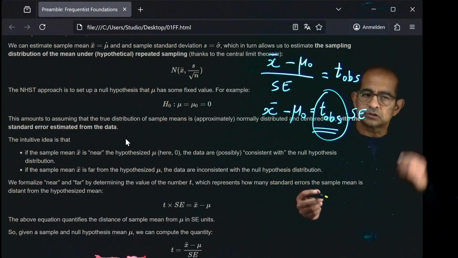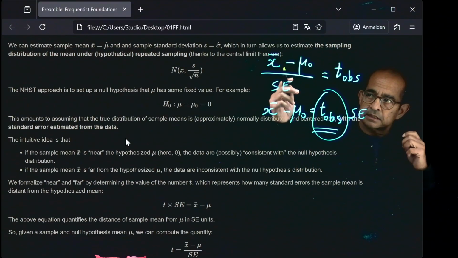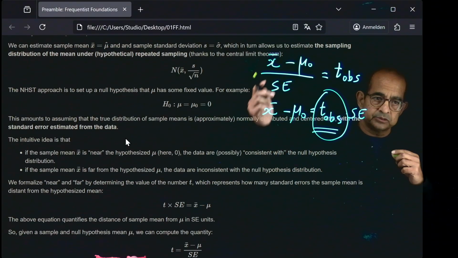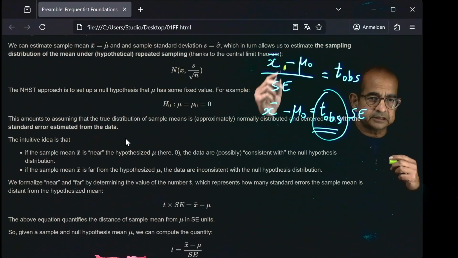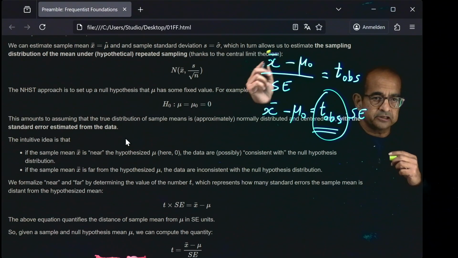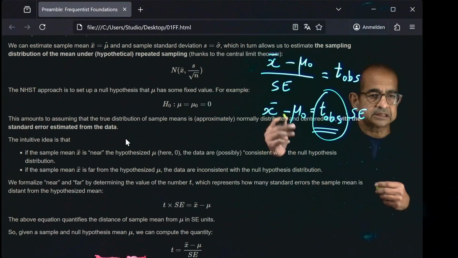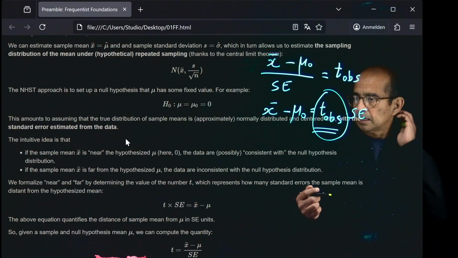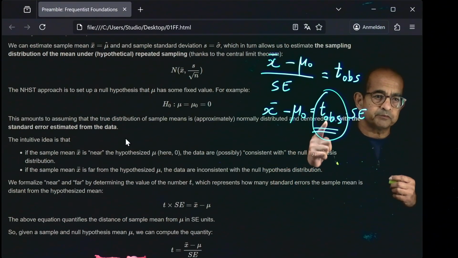So where do we go from here? Well, remember that this calculation that I'm just doing here is based on a single sample. But I could repeatedly run this experiment and repeatedly calculate the sample mean and the standard error based on the sample. And in doing so, what I would end up with is a distribution of observed t-values.